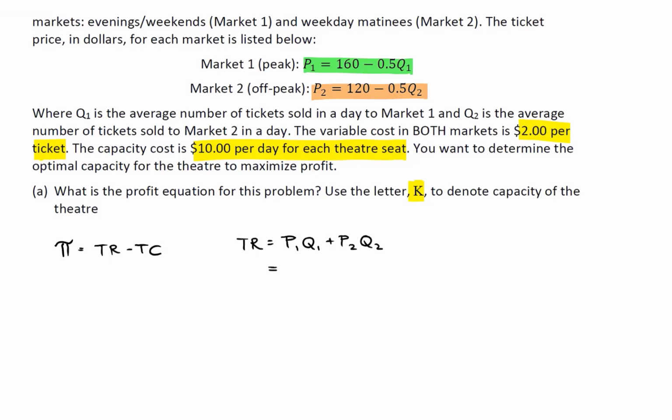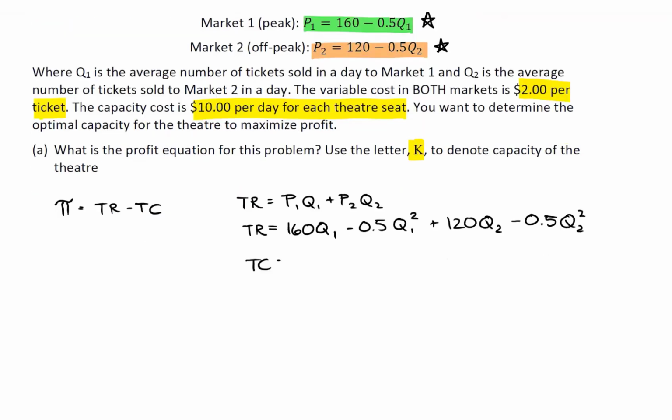So P1 times Q1 gives me 160 Q1 minus 0.5 Q1 squared. P2 times Q2 gives me 120 Q2 minus 0.5 Q2 squared. Now let's get our cost function.